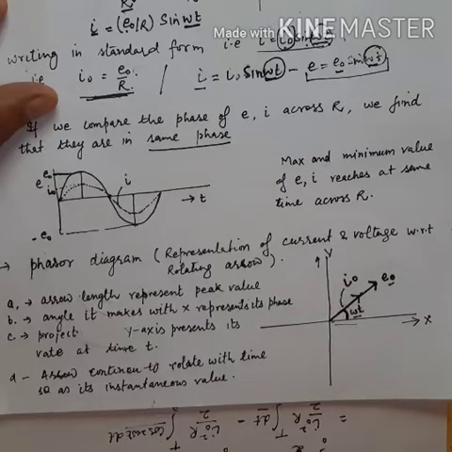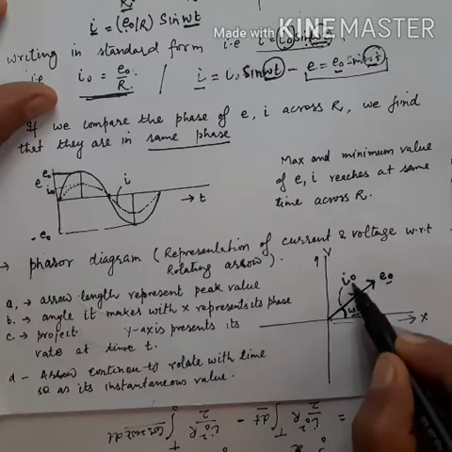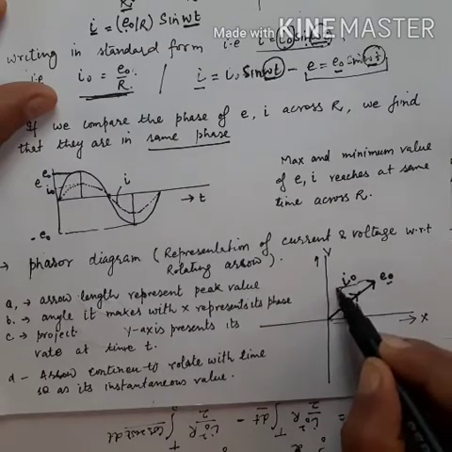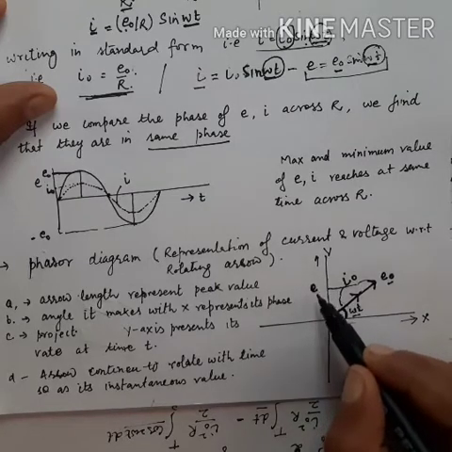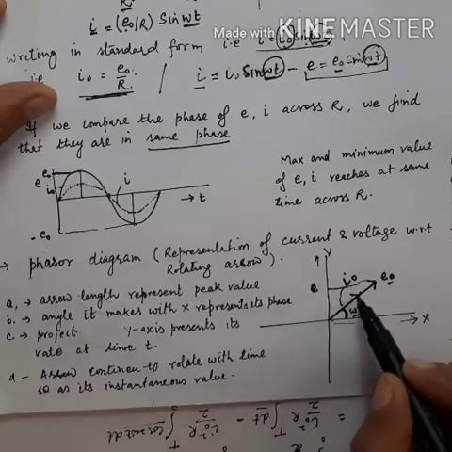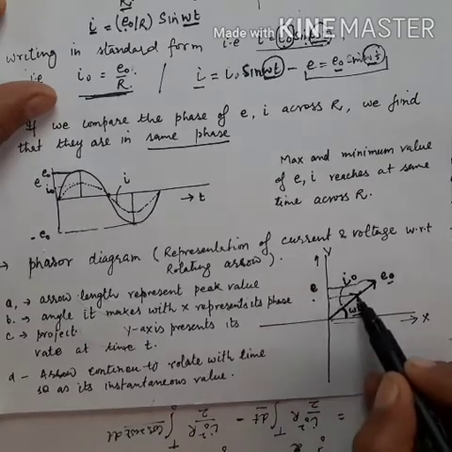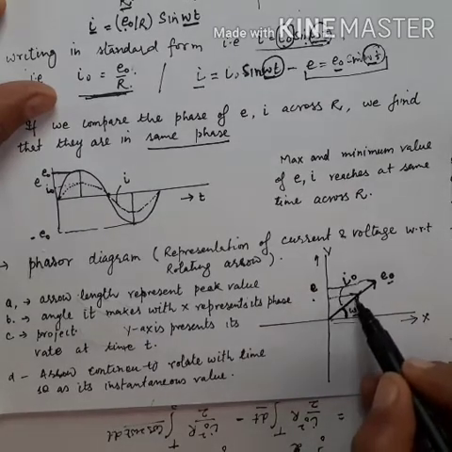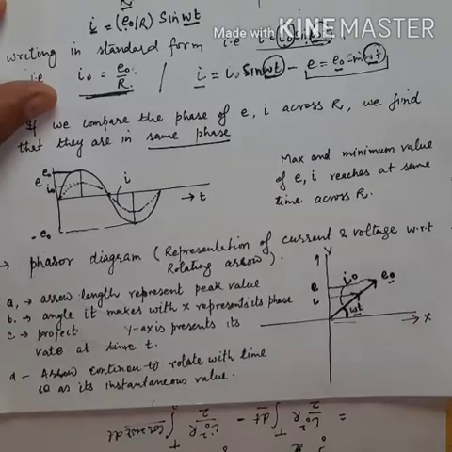Further, the projection on the y-axis represents the instantaneous value, meaning the value of the voltage at this time. Similarly, the projection of the smaller arrow, that is the current arrow, represents the instantaneous value of current.